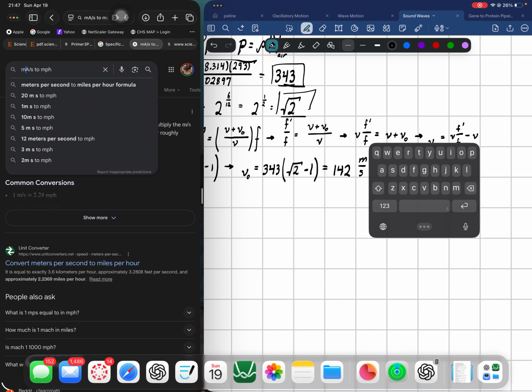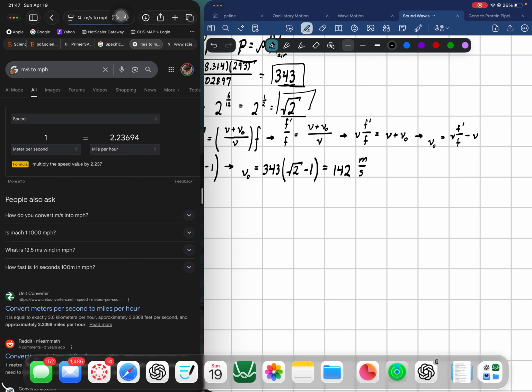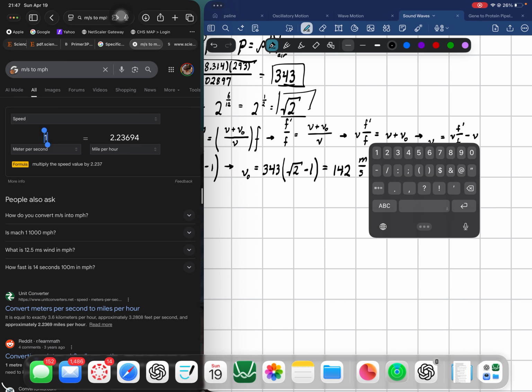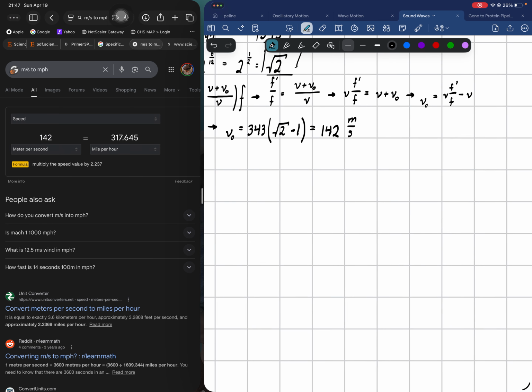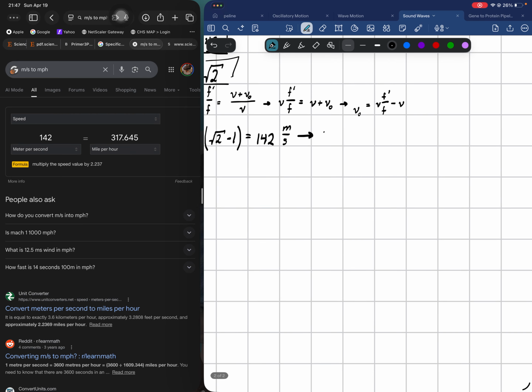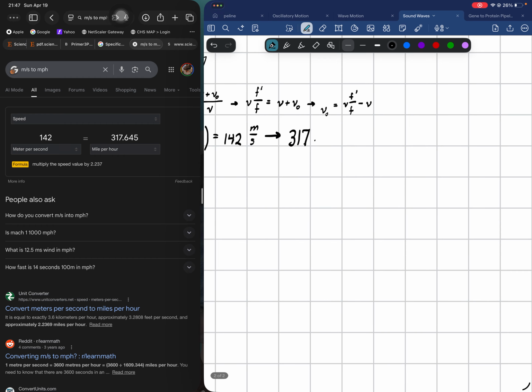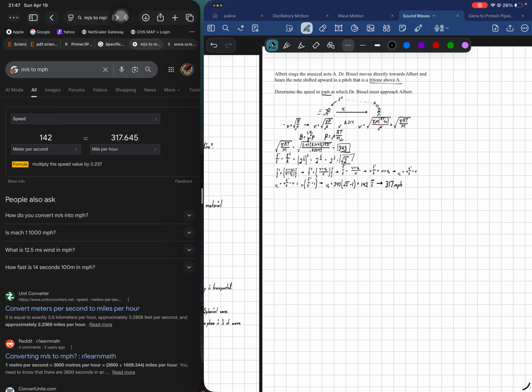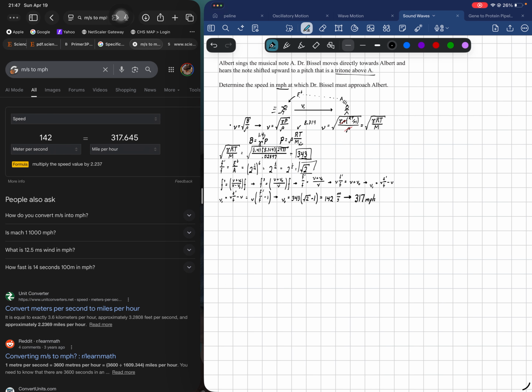Let's go ahead and change this value to 142. So that means that Dr. Bissell would have to be moving towards Albert at 317 miles per hour in order for him to hear that E flat if Albert is singing an A. And that's it.